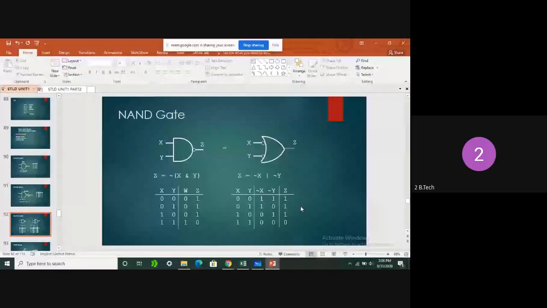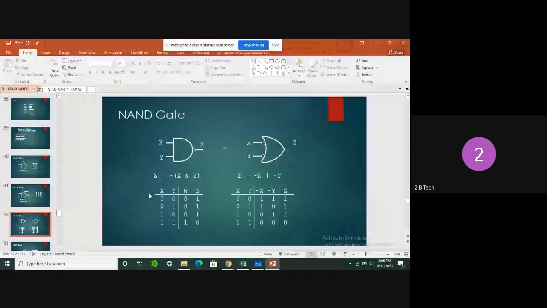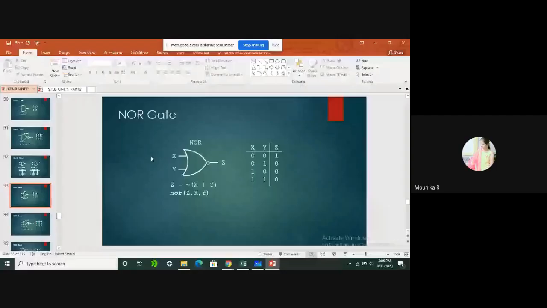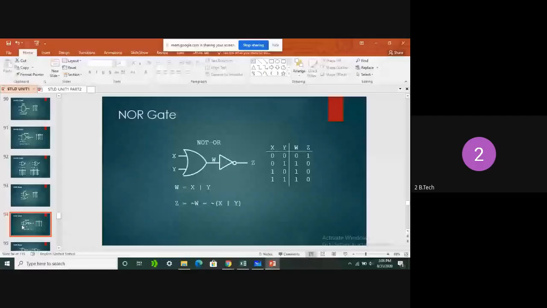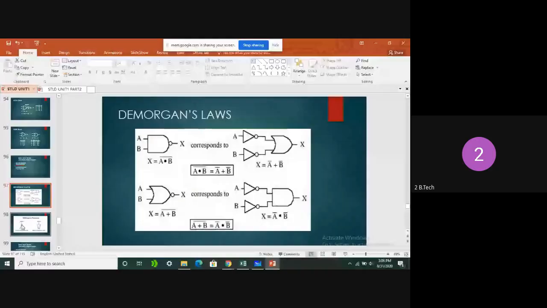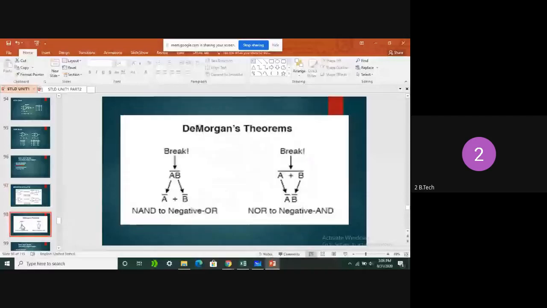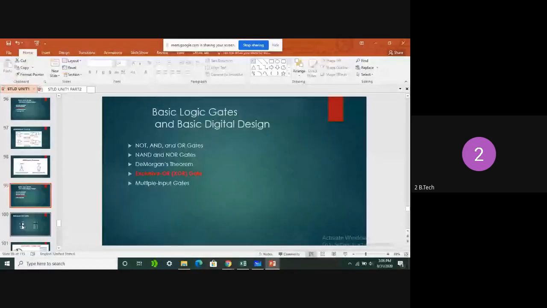One more logic is there, how we can perform on input signals, that is the NOR gate. NOR in the sense NOT OR. Clear, all of you? So in the next session we can see the NOR gate and its specifications, and some more laws associated with Boolean algebra, the different laws presented in Boolean algebra.